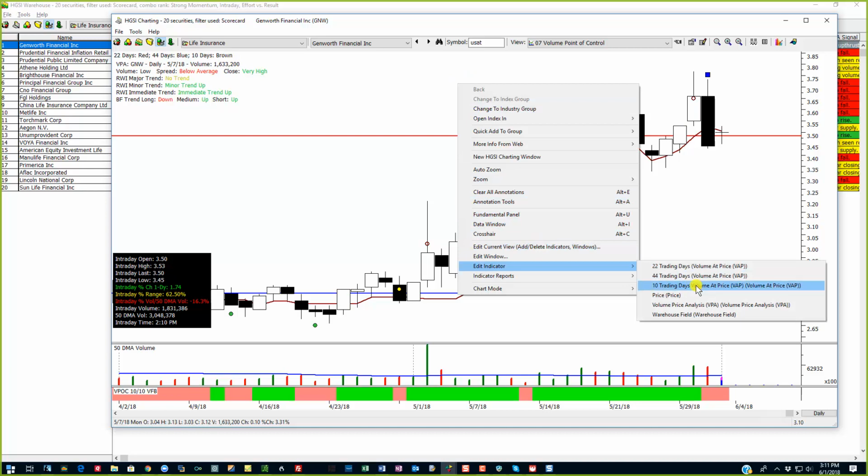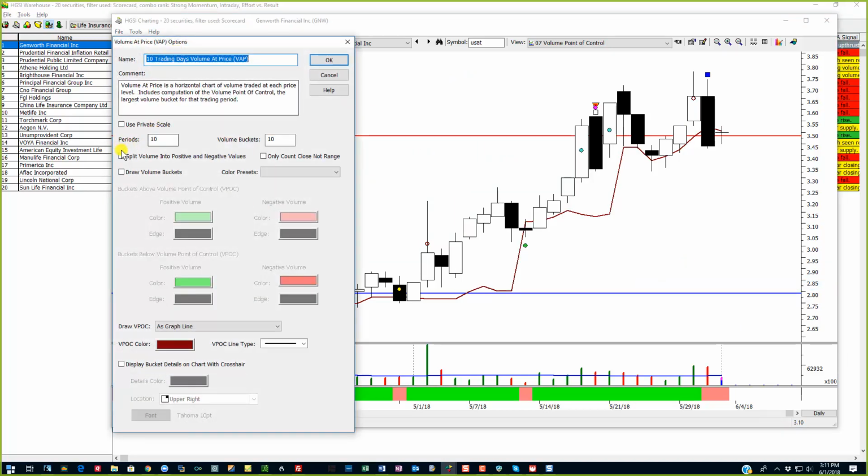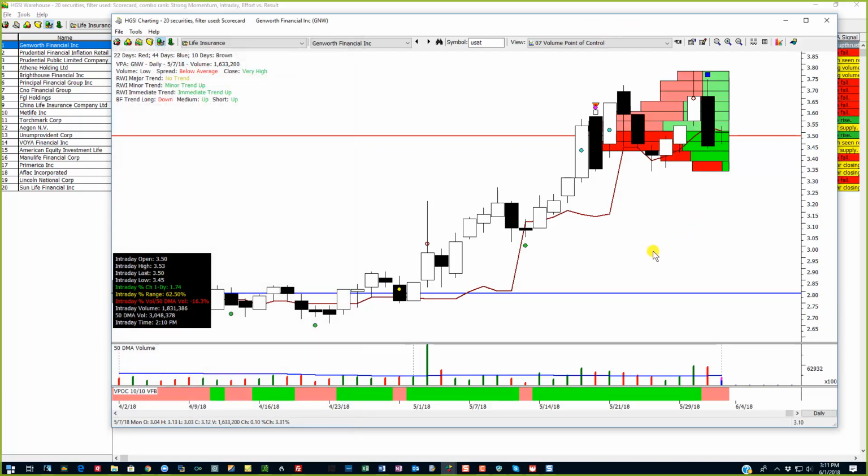I'm going to edit the 10-day. Okay, so I'm going to split the volume again, and I'm going to draw the volume buckets. And notice we get a much different look here because I'm only using 10 periods. And it's hard to see where the 10 periods are.